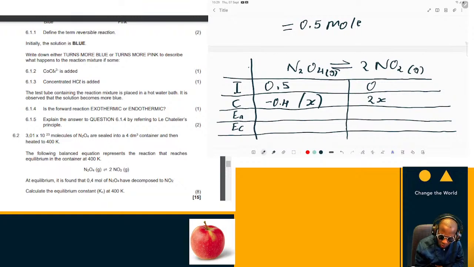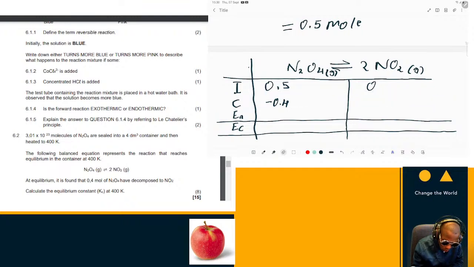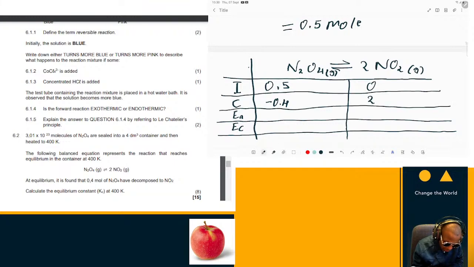But now we are given the change, so we are no longer going to use X.